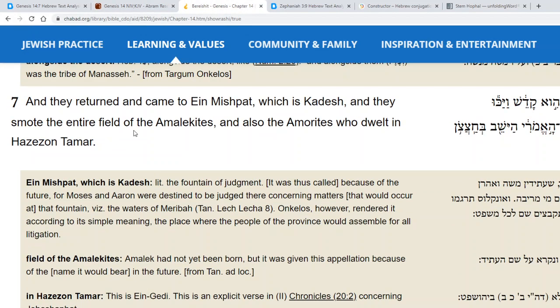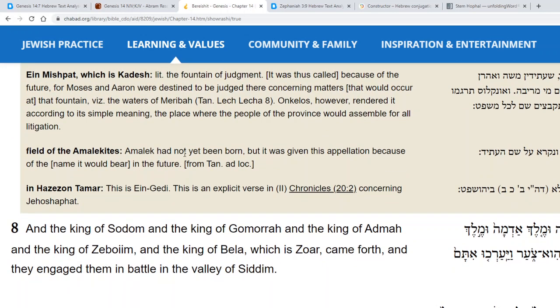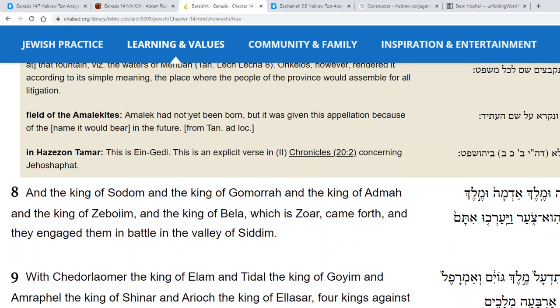Let's see here. "And they returned and came to Ein Mishpat, which is Kadesh, and they smote the entire field of the Amalekites and also the Amorites who dwelt in Hatzaton Tamar." You can look at the Rashis if you like for the meanings. Fields of the Amalekites, Rashi's asking a question here.